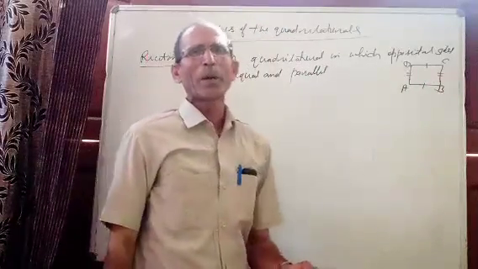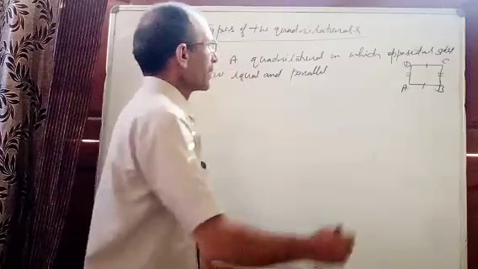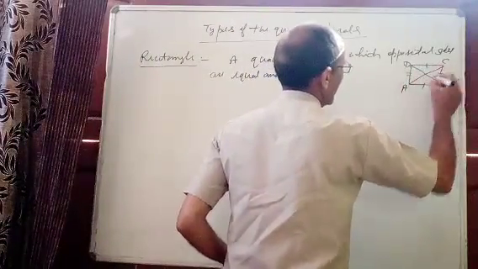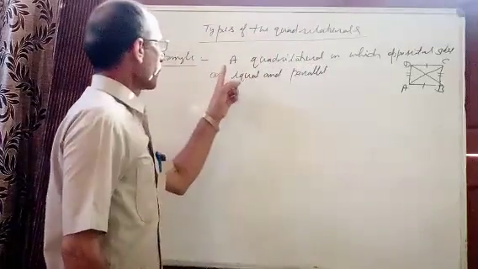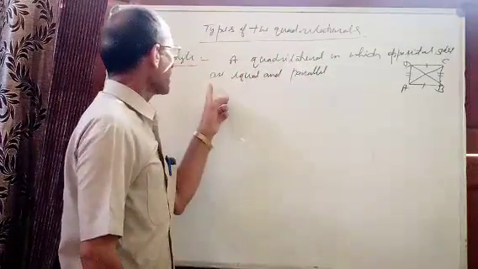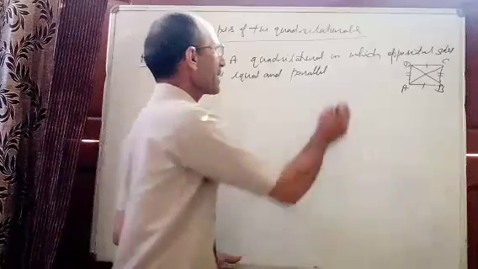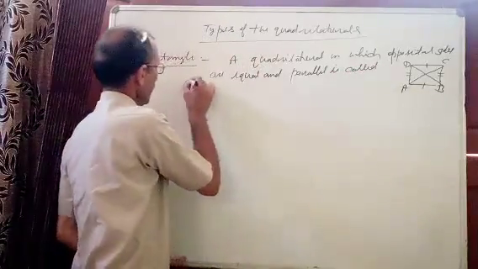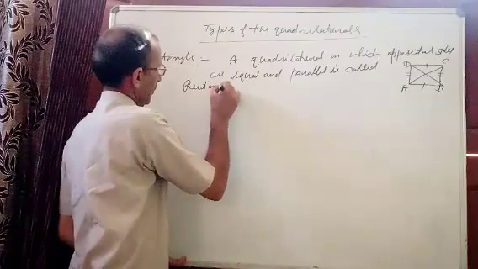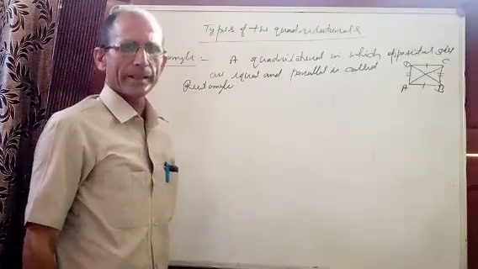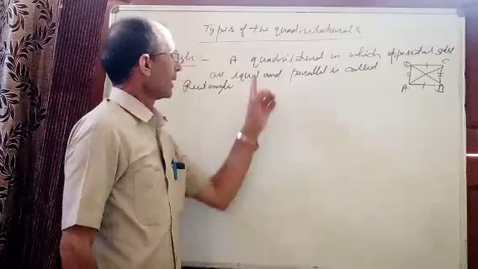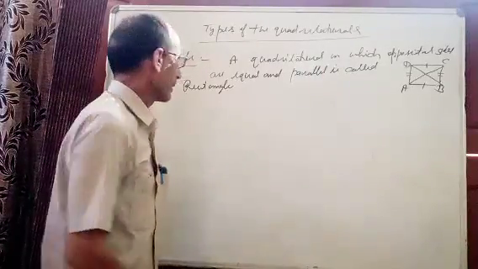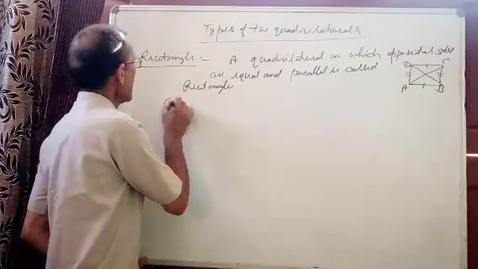So what are the properties of a rectangle? Diagonals of a rectangle. These are the diagonals. So a quadrilateral in which opposite sides are equal and parallel is called a rectangle.